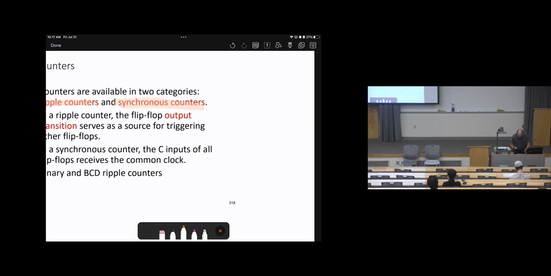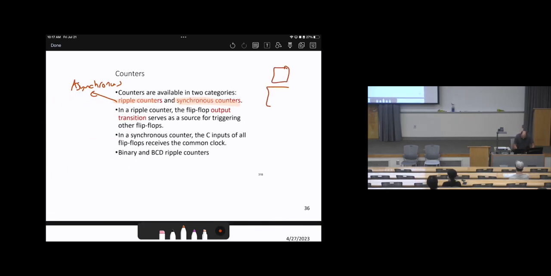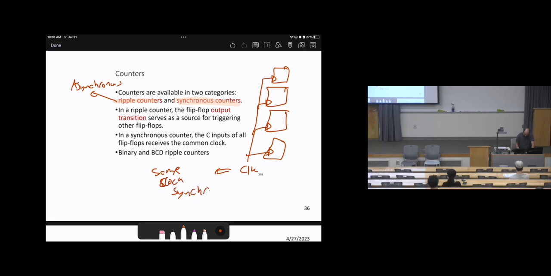So we can assume here is a flip-flop, flip-flop, flip-flop, flip-flop, and we have a clock here, here, here, and here. If they are all sharing the same clock, then they will be synchronous.